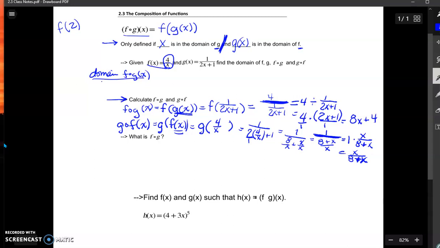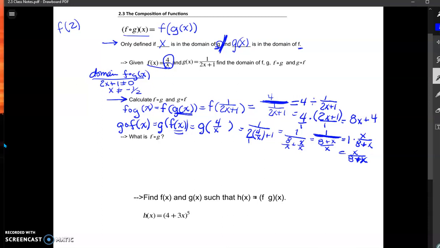So x, the denominator of g cannot be equal to 0. Subtract 1 from each side, divide by 2, and I get x is not equal to negative 1/2. So that's this first half. X has to be in the domain of g. That means that x cannot be negative 1/2 because that would make the denominator of g 0.